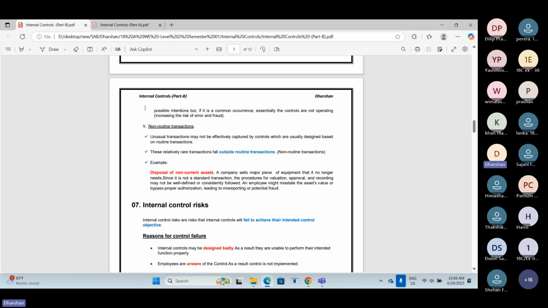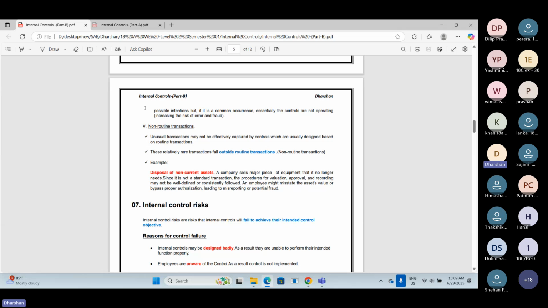But when it comes to some cases, property, plant and equipment can also be sold at huge value.